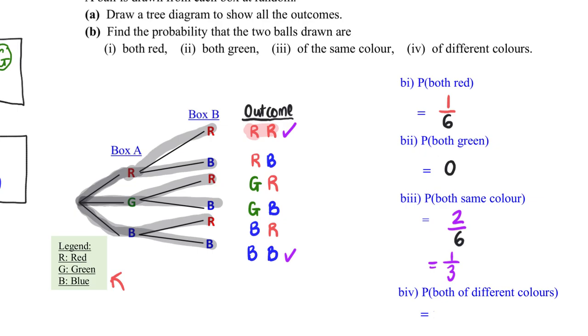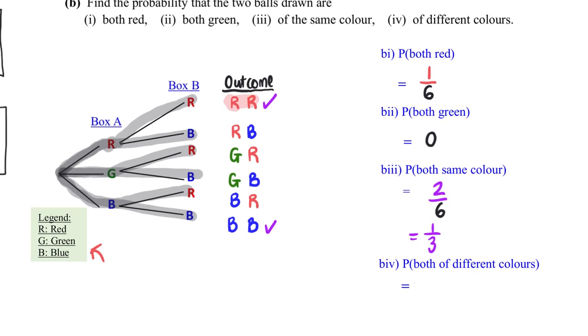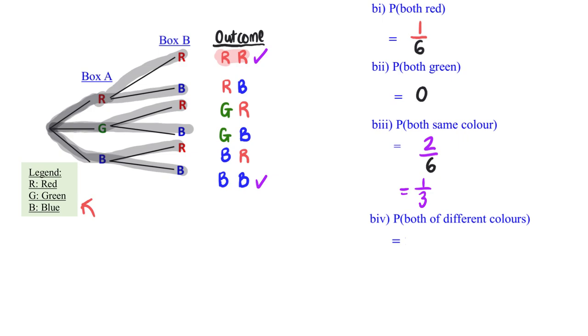Both of different colors. Well, for this particular last part, we can do this. 1, 2, 3, 4. So it will be 4 out of 6, which equals 2 over 3.